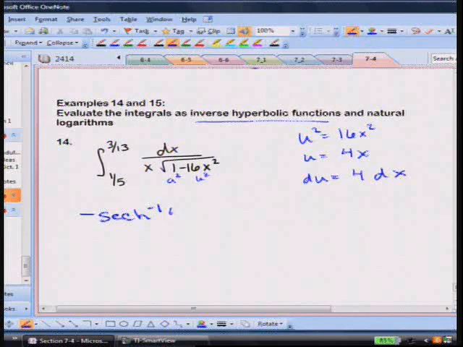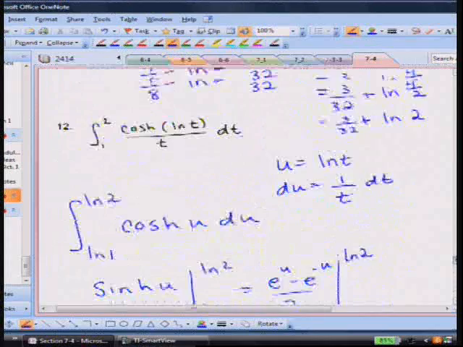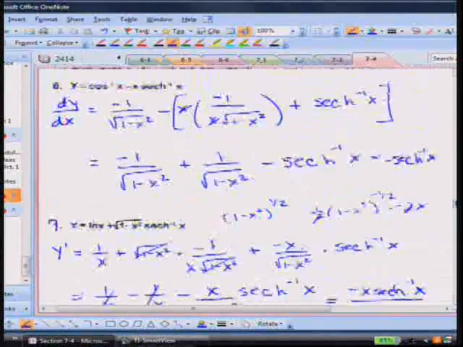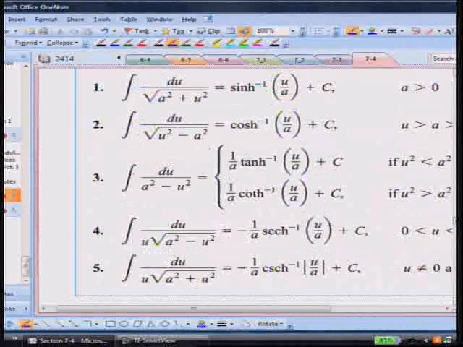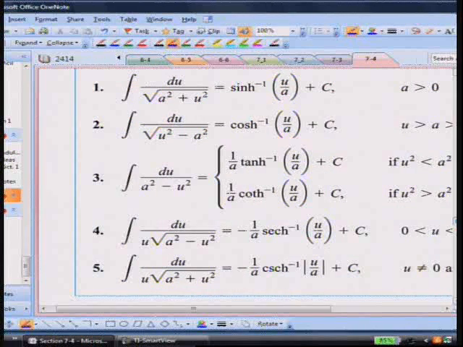I already forgot. I've got to write that down. Was it 1 over a? I can't remember these between doing them, and it was negative 1 over a inverse hyperbolic secant u over a. Okay.